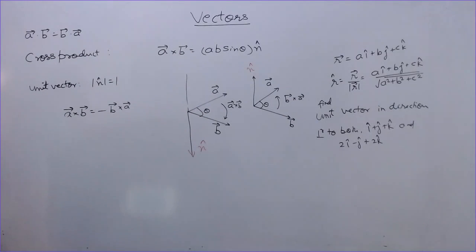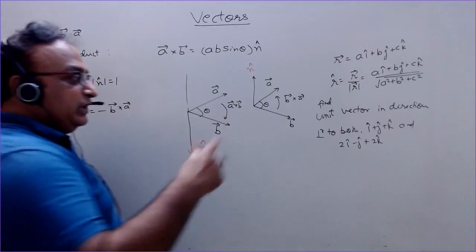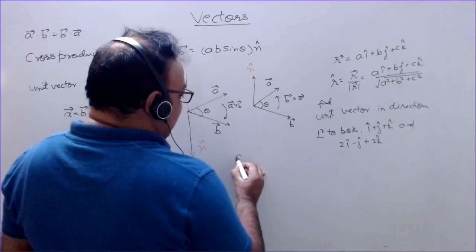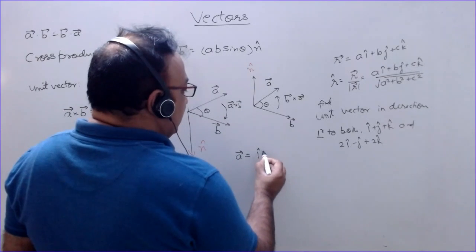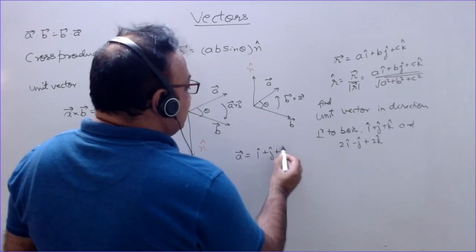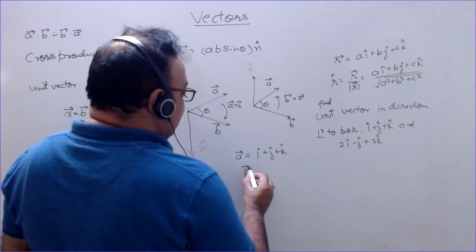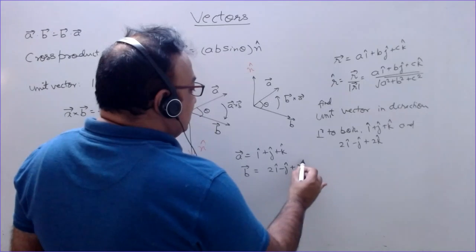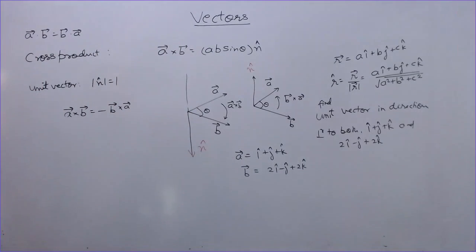You have to find a unit vector perpendicular to both. So here A and B are given. A is i plus j plus k, whereas B is 2i minus j plus 2k. First of all, you have to find a vector in the direction perpendicular to both. What is that vector?